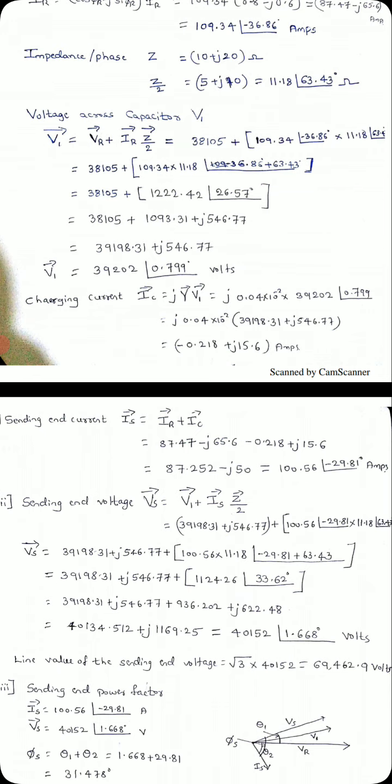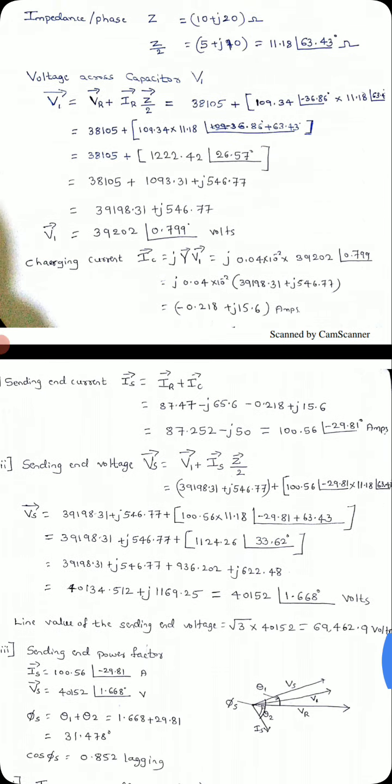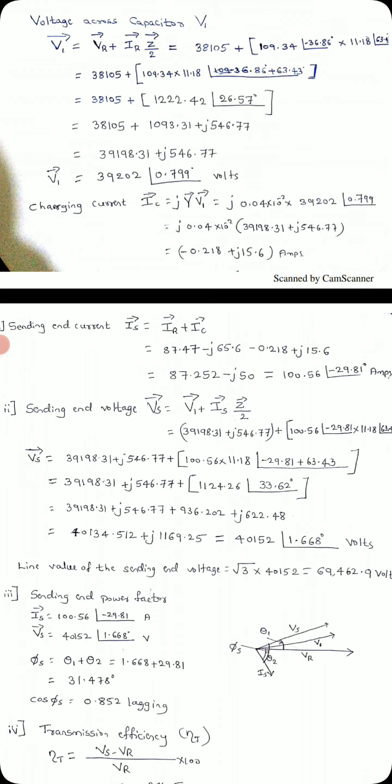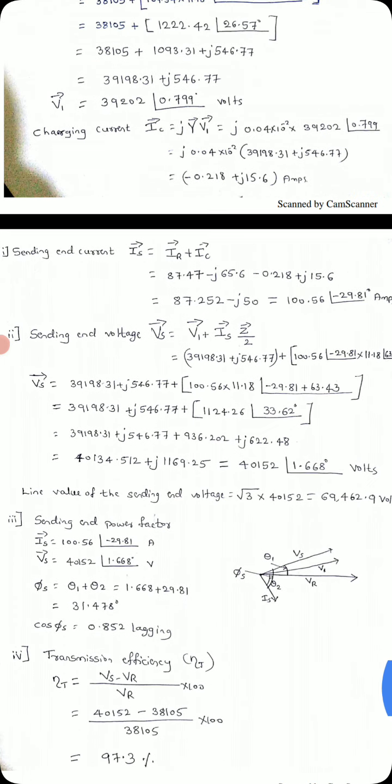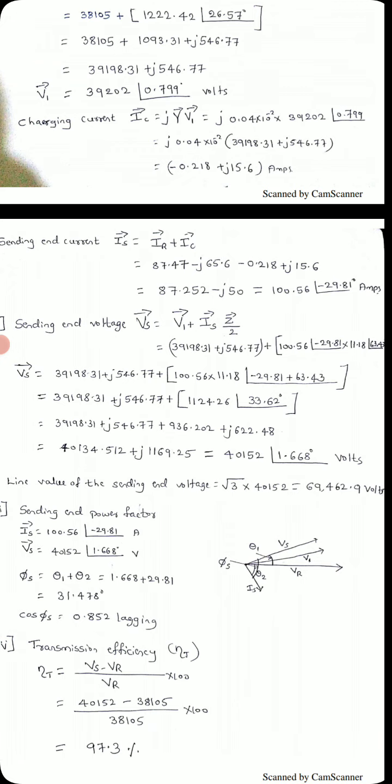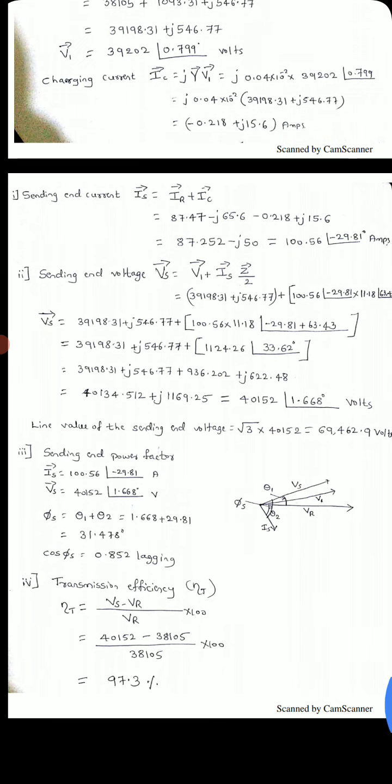Once we find the sending end current, we need to get the VS, that is the sending end voltage, that is VS is equal to V1 plus IS times Z by 2. Put all the values, we will get VS as 40,152 at an angle 1.668 volts. Or the line value, if you want that one, multiply its magnitude with root 3, we will get 69,462.9 volts as the sending end voltage. So for the sending end power factor, we need to calculate, we have the IS angle and the VS angle. These two angles are with respect to VR, because we have taken VR as the reference.